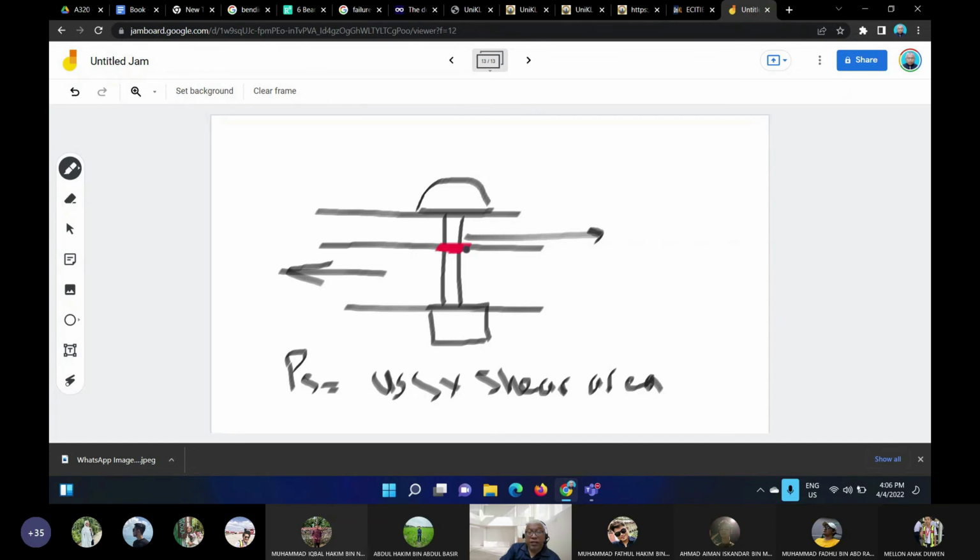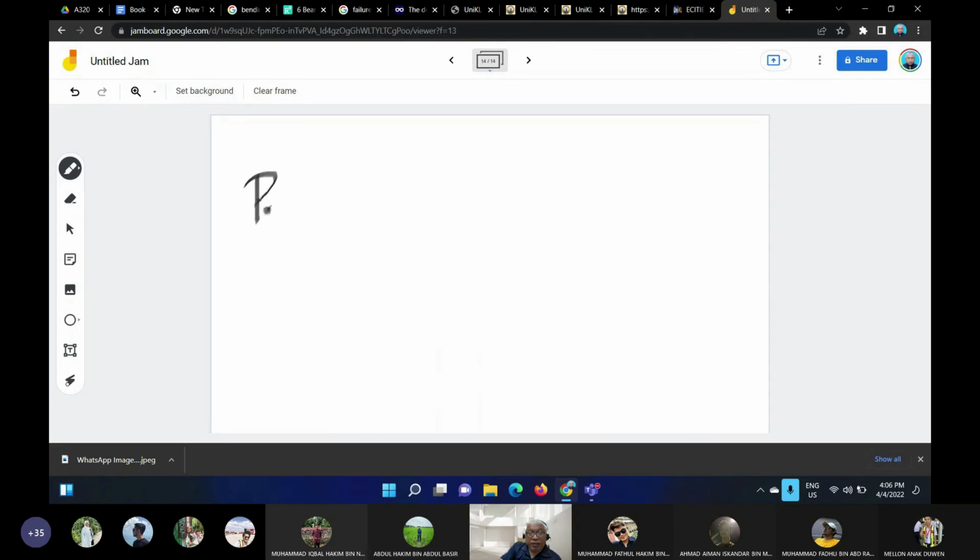If the ultimate shear strength is 200 times 10 to the 6 Pascal, or Newton per meter square, then you multiply by the area, which is pi r square because the rivet is a cylinder.